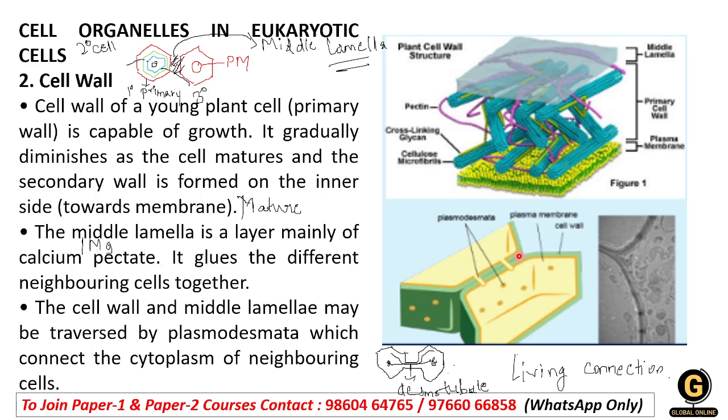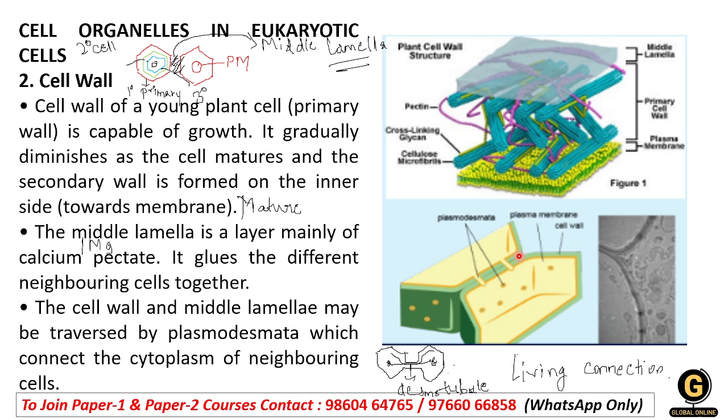The primary layer is the outermost layer. It is found in the young plant cell, and when the cell reaches maturity, the primary layer diminishes and the secondary wall is formed. That wall is impermeable, rigid, and made up of pectin and lignin. Now between these two cells there is a space, called the middle lamella, which acts as a glue holding the neighboring cells together.